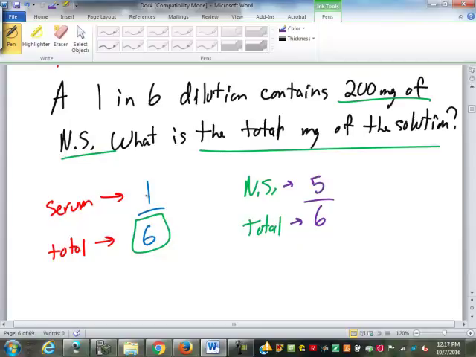If out of 6 parts, 1 part is serum, the other 5 are the saline. So we have that ratio of 5 to 6 of saline to total. 200 is the amount of saline. We can cross multiply and divide. 6 times 200 divided by 5 is 240 milligrams of total solution.